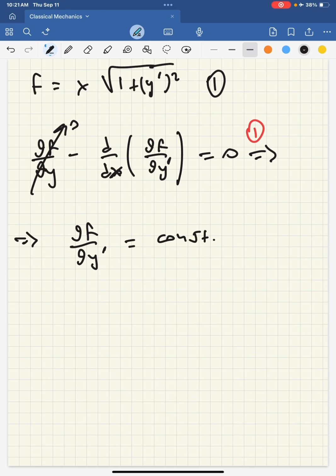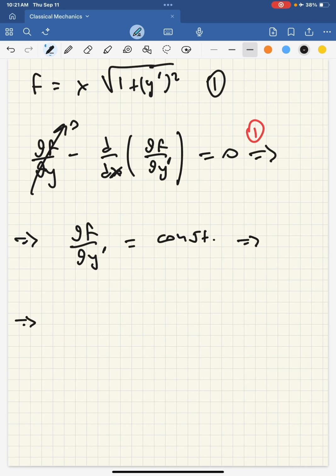And the only way for that to happen is for the partial of the functional with respect to y prime to be a constant, okay? And again, when we take the partial with respect to y prime, we don't take the derivative with respect to x, okay? Because y prime and x are treated as independent variables, okay?